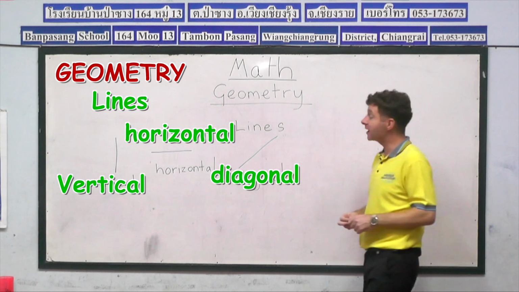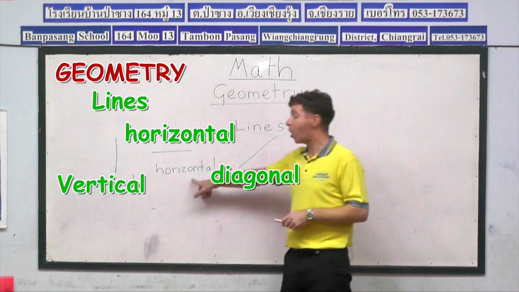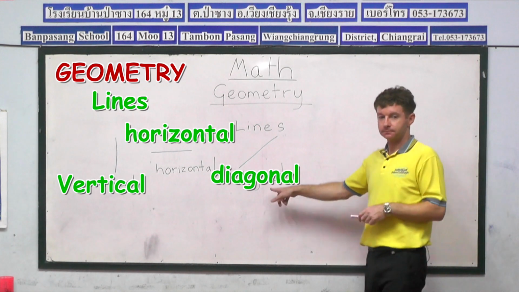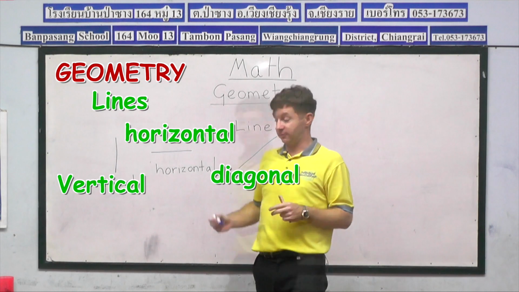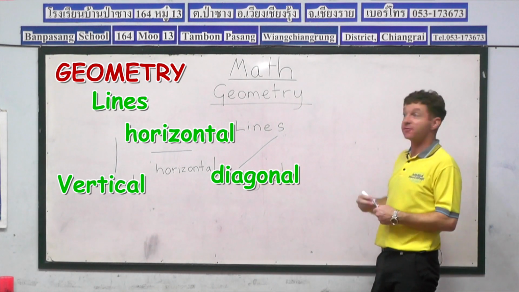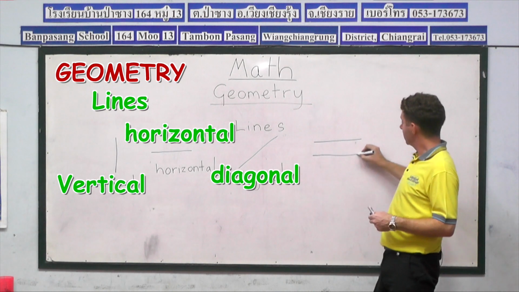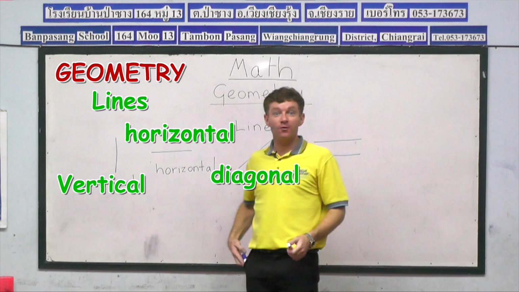Perfect. Well done, guys. So far we have vertical, horizontal, diagonal. And now the next one. The next one is two lines. So two lines that are traveling in the same direction. And this word begins with P. Parallel. Well done, down.